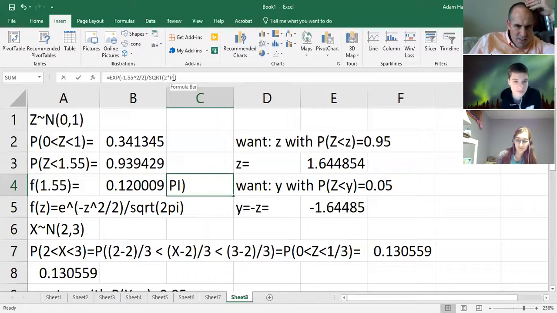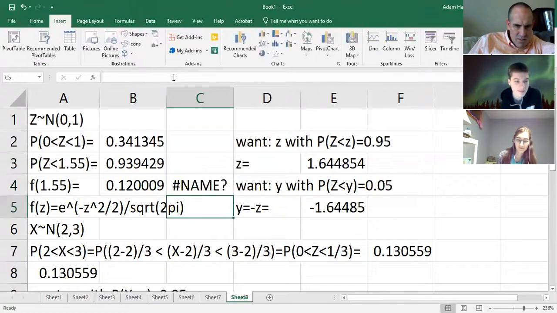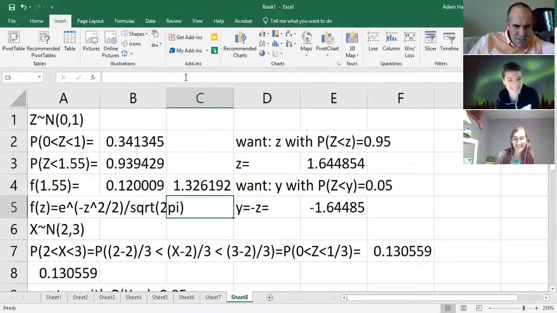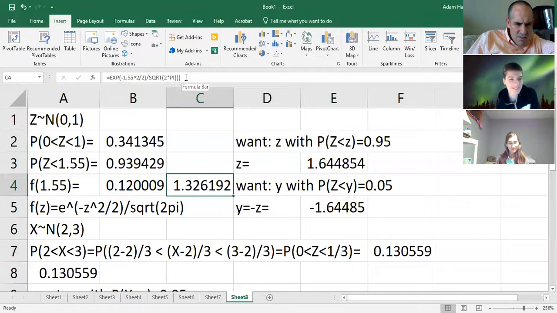What? What's going on here? Huh. What's happening? Normal standard distribution. That is the density, isn't it? Is it 1 over the square root of 2 pi?